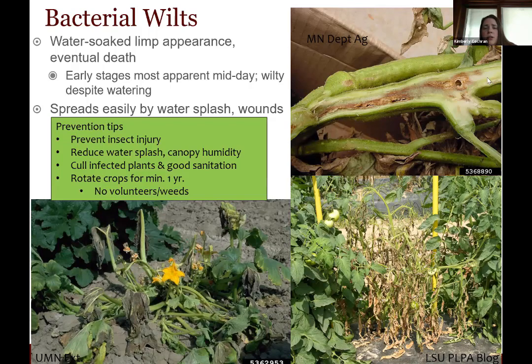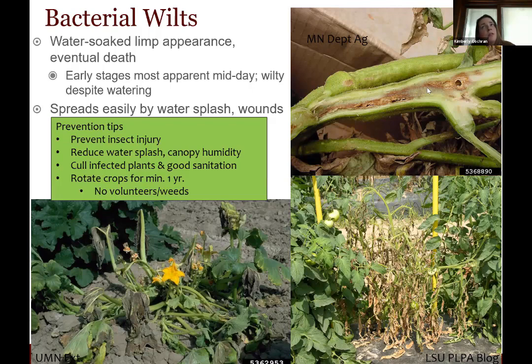So here you can see the tomato that's been infected, and when you cut the stem lengthwise like this, you can see that really chocolatey discoloration, and it actually is missing some tissue in the vascular tissue right there. That's a key red flag for bacterial wilt. Sometimes verticillium wilt can look like this, but usually verticillium wilt will look a little more black than brown.